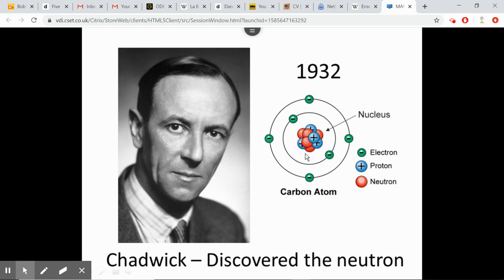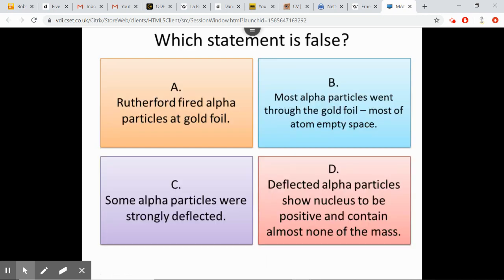So I suppose the order in which they were found is electrons were discovered first, followed by the plum pudding model, then through the gold foil experiment, the idea that there must be a nucleus, which is where the positivity is kept, and then there must be neutrons as well to make up the rest of the mass.